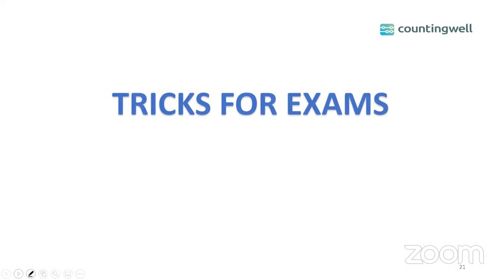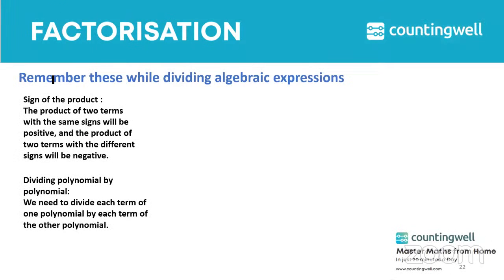Let us see some tricks for the exams. While dividing algebraic expressions, you have to take care of the sign of the product. The product of two terms with same sign will be positive, and with different signs it will be negative. So if you are multiplying two terms having same sign, means if it is 3ab into 3ab, so the product will be 9a square b square.